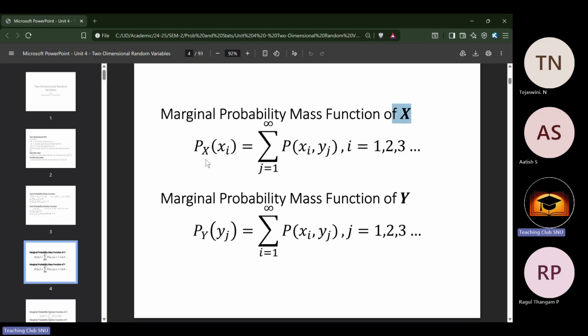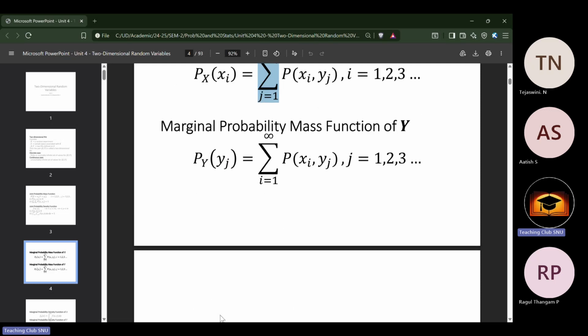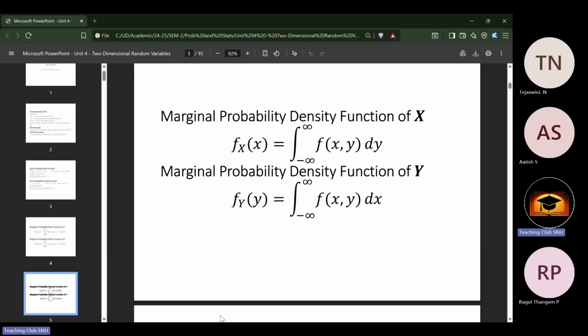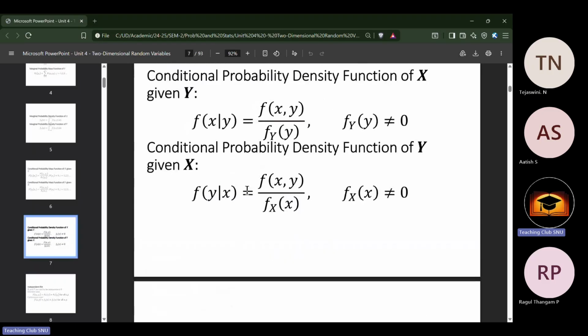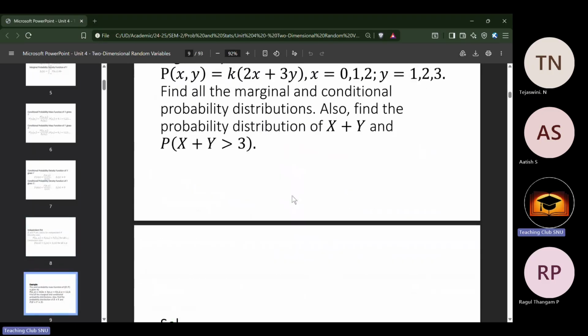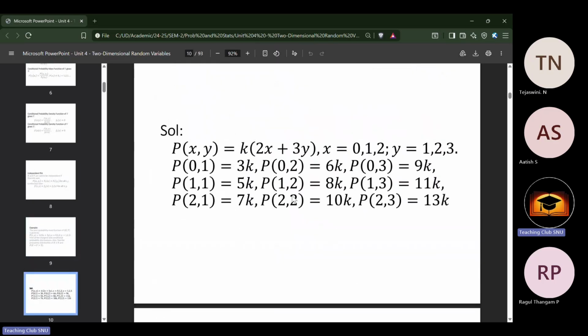For x, px of x, find all the probability of p of xi comma yj in such a way that you are fixing x, right? And you are finding it for y, meaning the j values are looping over. You add all the values of y, okay? And do the same for y as well. So let's look at it in the table. That'll be easier. I don't think you have continuous case for this.